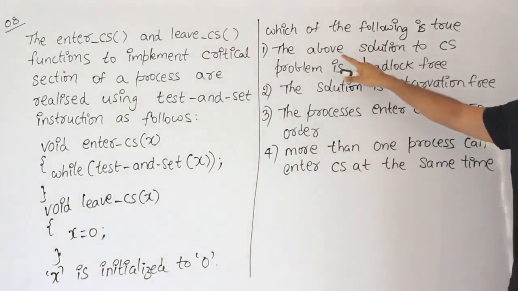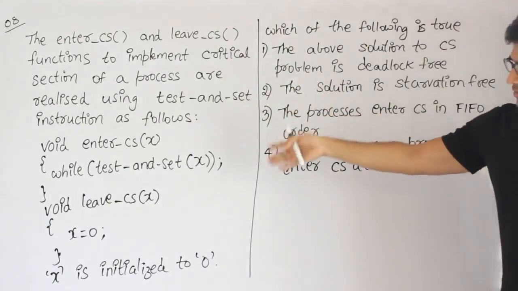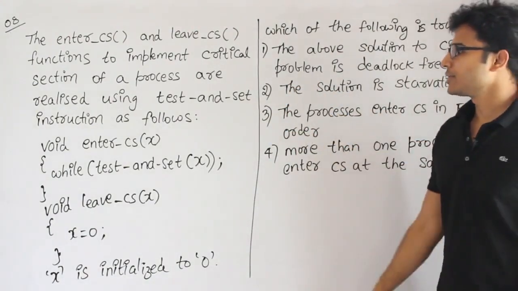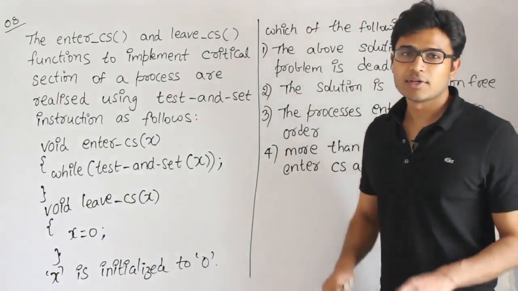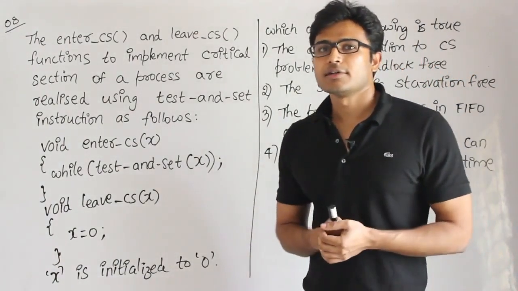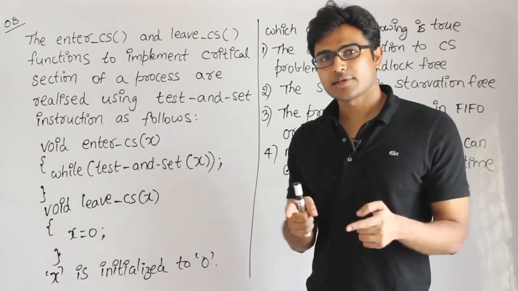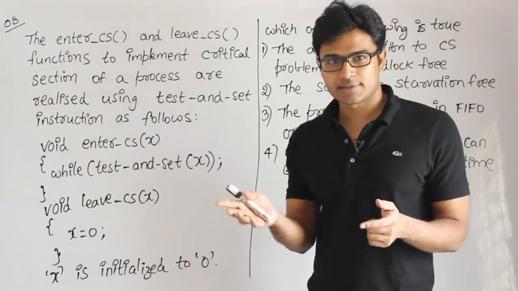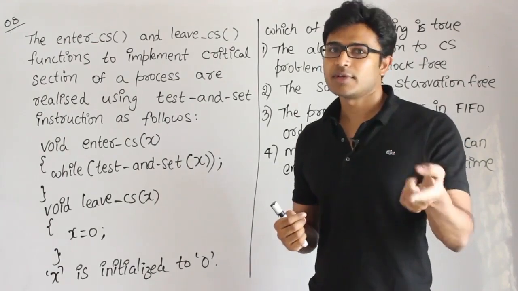And the question is, the above solution to CS is deadlock free. So is this critical section solution deadlock free? We already know that this lock variable with TSL will never cause deadlock, isn't it? Why? Without TSL, there is a chance that two processes might enter the critical section at the same time, but with TSL only one process will enter it.